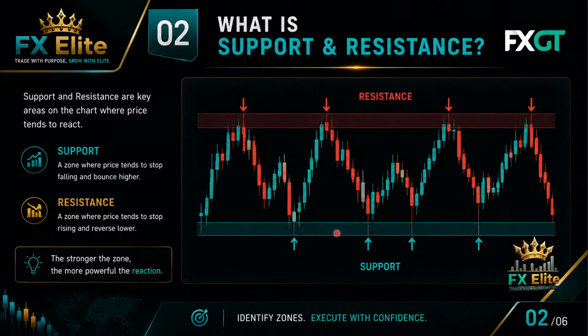So usually these are the areas where the price has a tendency to either reverse or break through. This is just an example of how it would look, but in the real chart it's quite different. This one is just a generic way to show what is resistance and what is support.